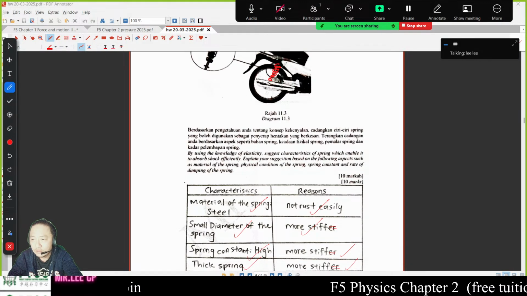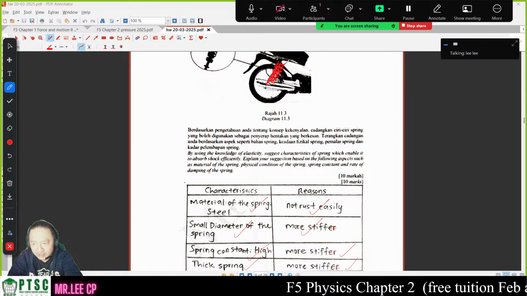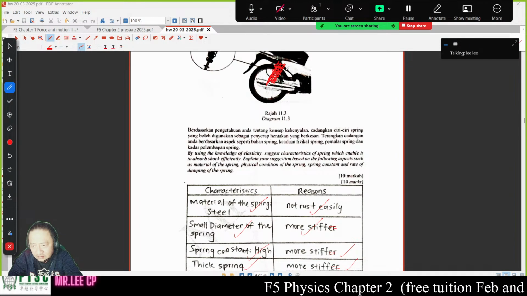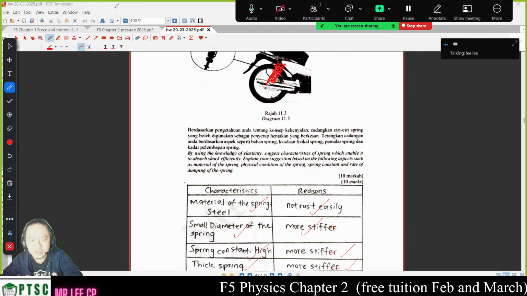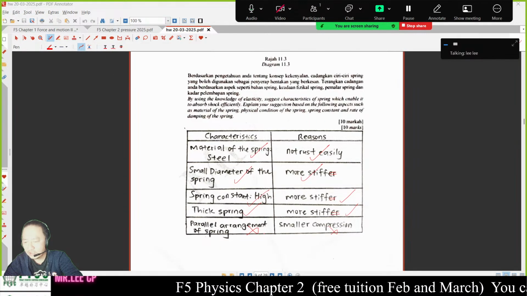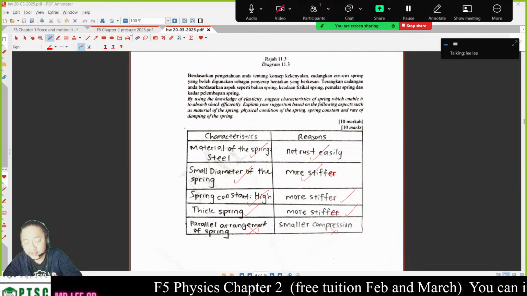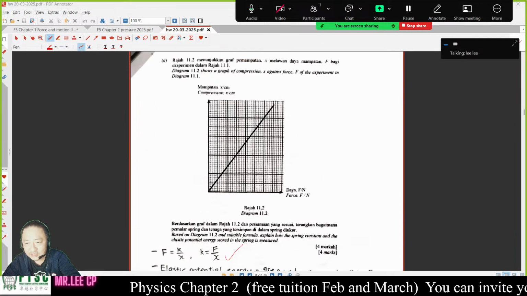And then you arrange two springs in parallel together. No, not logical, so just one spring. Parallel is not in the answer. So we see how the answer is given.